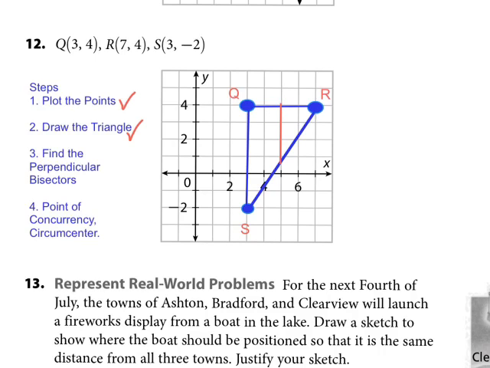I drew a red line, cutting that one in half with a 90-degree angle. Now I need to find out how many are on this side. 1, 2, 3, 4, 5, 6 units. Half of that is 3, so 1, 2, 3. That means I'm going to draw my perpendicular bisector going this way.